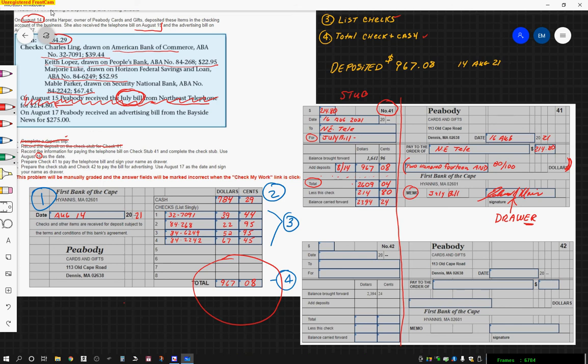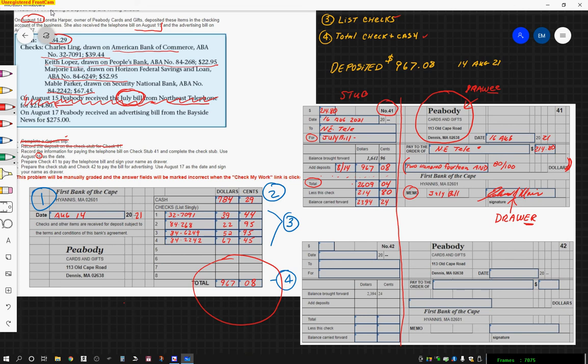And the bank itself that the check is drawn from, let's spell that right, drawee. So the drawee is the bank. The drawer is the person who's writing the check. And the payee is the person the check is written to. Subtle differences, but very important nonetheless.